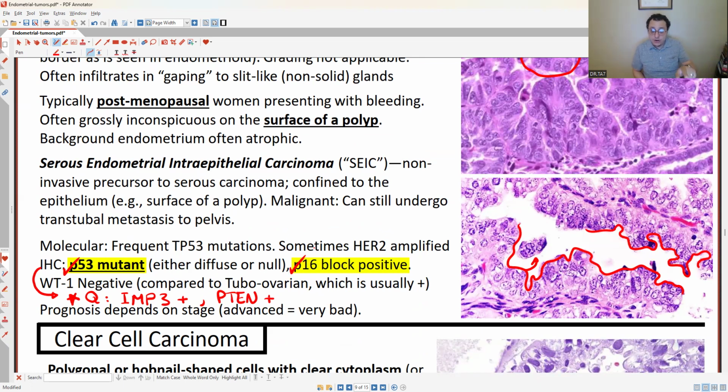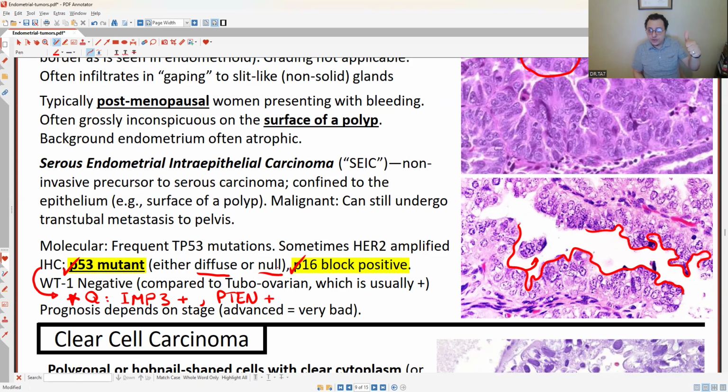As you see here, serous carcinomas are P53 mutant, which is either diffuse or null. I showed you a picture of P53 in the previous lecture, so you'll be able to identify the mutant patterns and the wild type pattern.